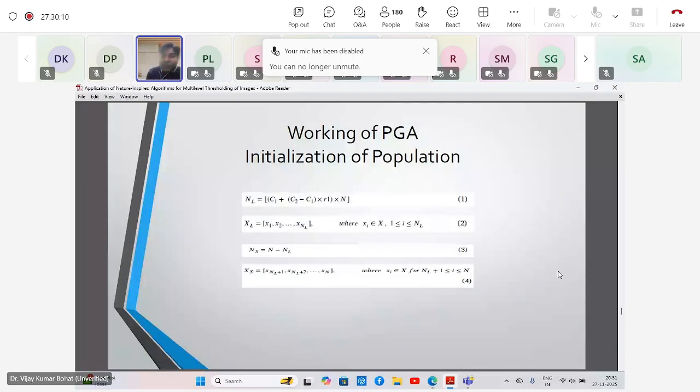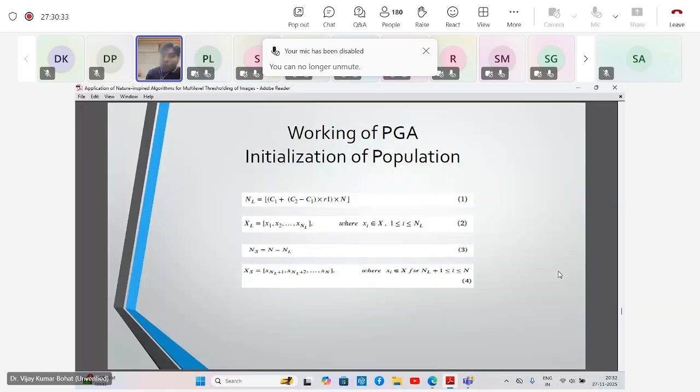Just like in the previous Grey Wolf optimization algorithm, initially we generate a population randomly. Similarly in PGA, we generate a population randomly, and then we divide it into two parts: the light region part and the shaded region part.